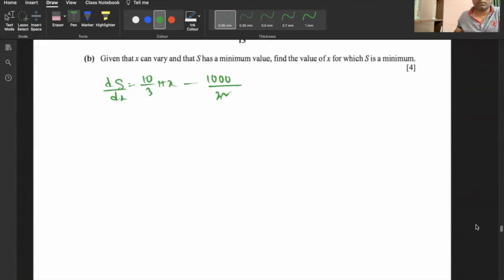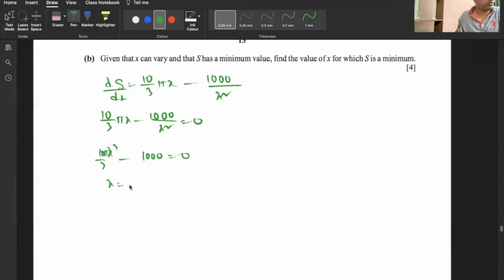For maximum or minimum values, 10/(3π)x minus 1000/x² equals 0. If we simplify this, we get 10/(3π)x³ minus 1000 equals 0.